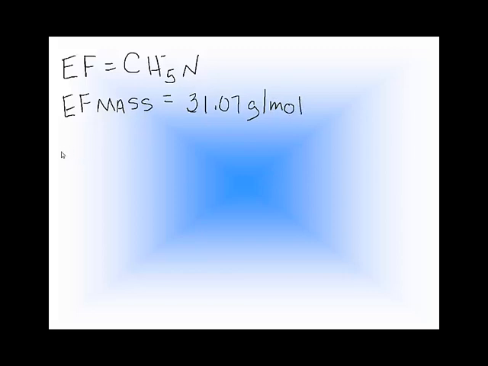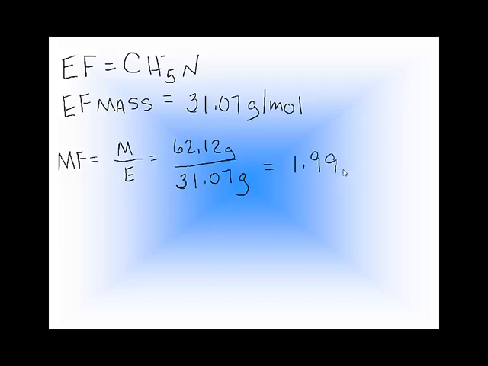The way to calculate the ratio or the integer for the molecular formula is given to you a couple of slides back. I call it the Me equation. That's the molecular or molar mass divided by the empirical, and the molar mass is given to you in the problem. The empirical I just figured out above, and I get an integer of 1.9936, which is of course 2.